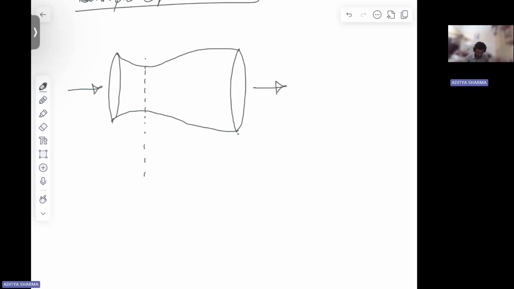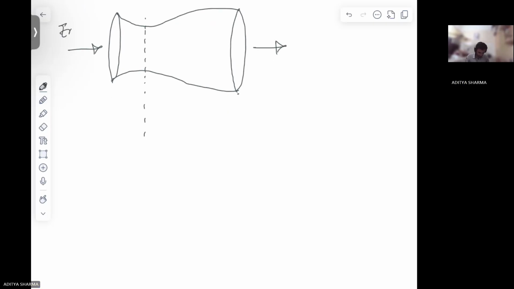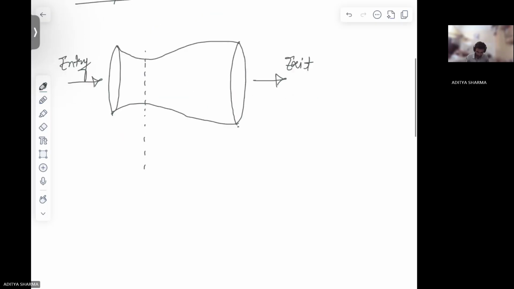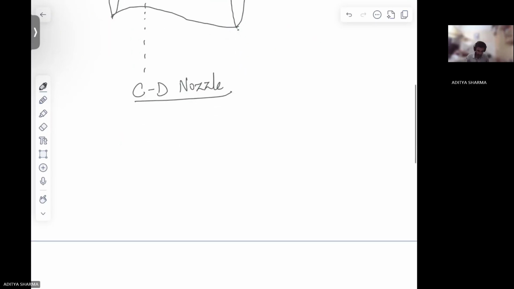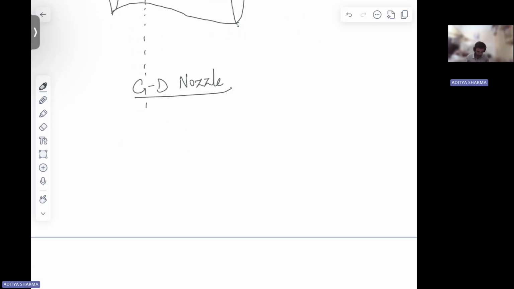This is the exit. So this is a convergent divergent nozzle.